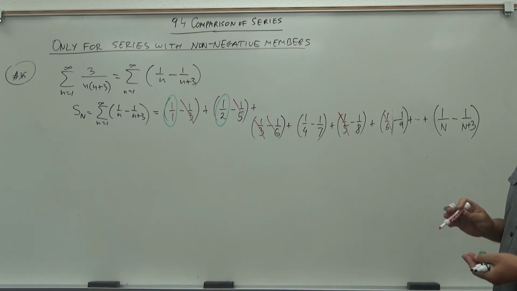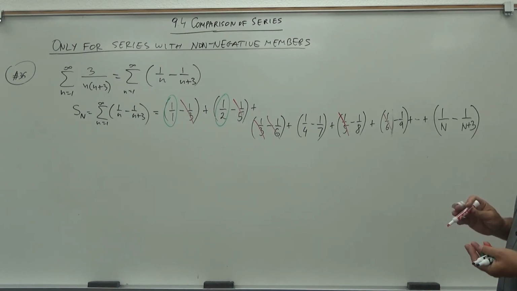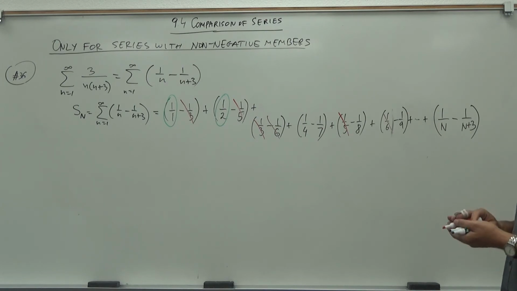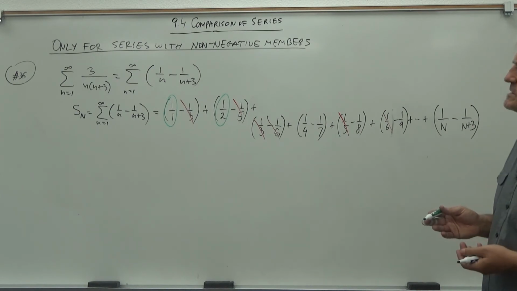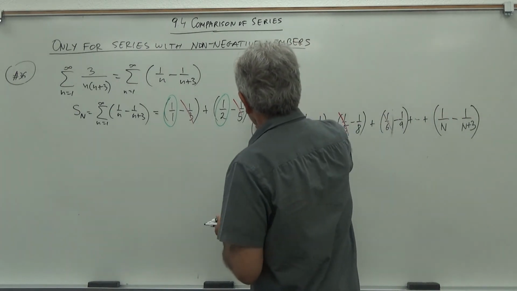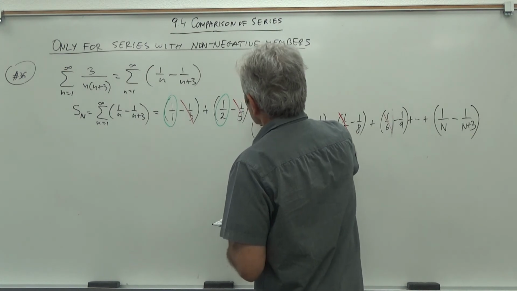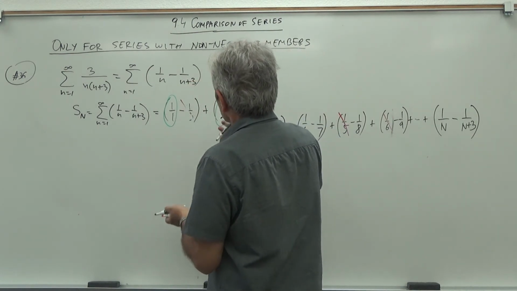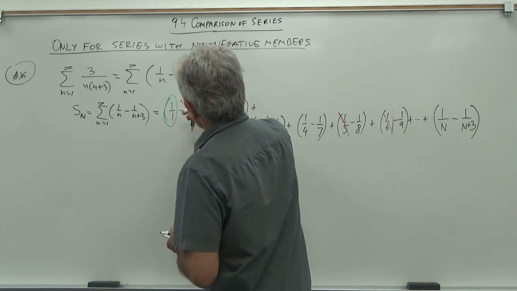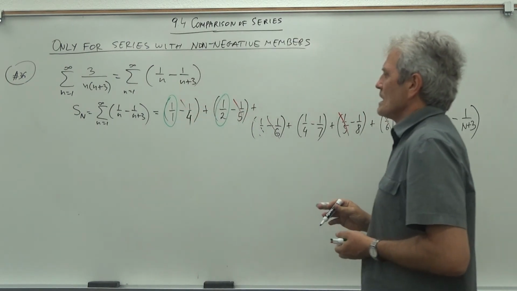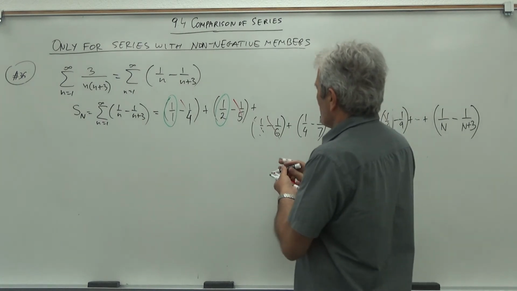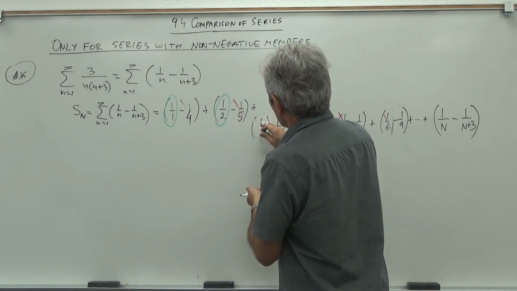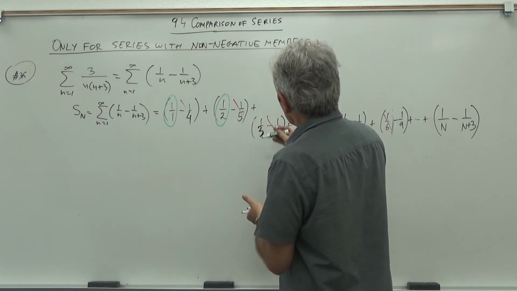What happens with 1 over 4? Oops, did I mess it up here? Yes, I did. Sorry. Now I understand why my cascade didn't work, because this was not 1/3, this was 1/4. Sorry. So generally 1/3 will survive as well. Nobody cancels 1/3.